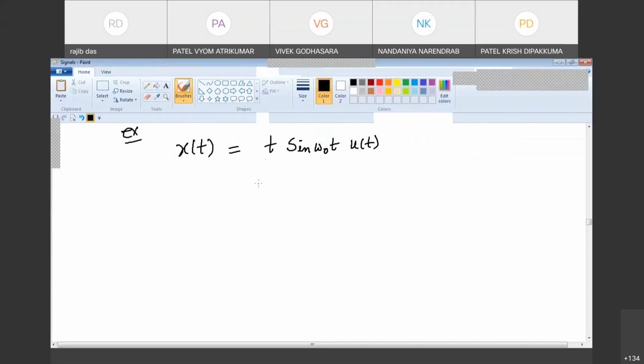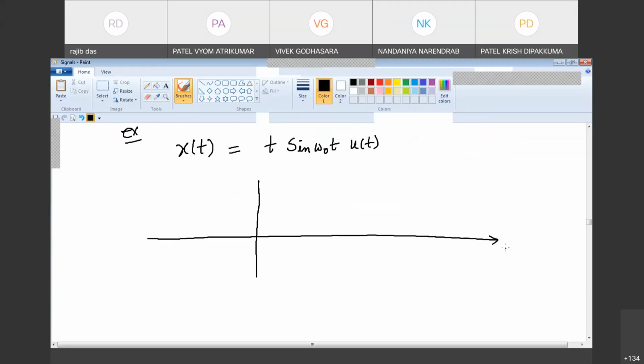So what we'll do? First, we will draw this ramp signal. This is the ramp signal, t u(t). Now, the sine omega t is sinusoidal.